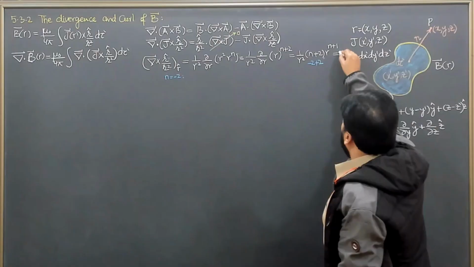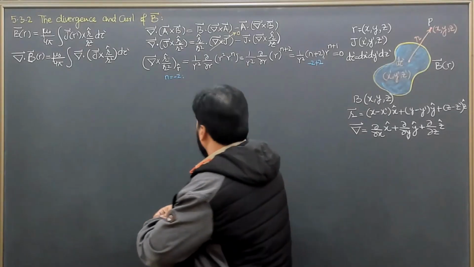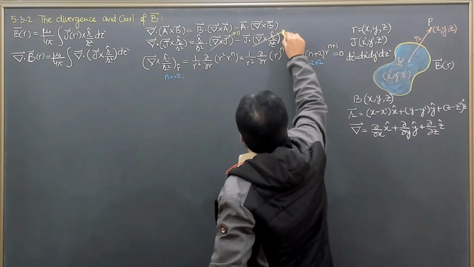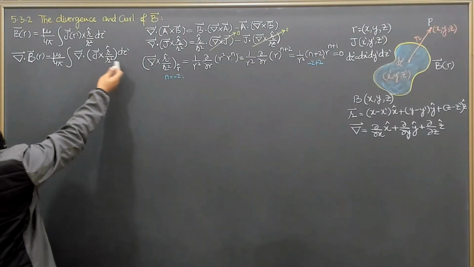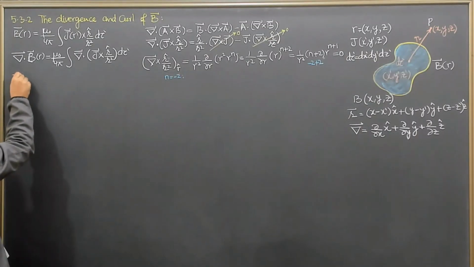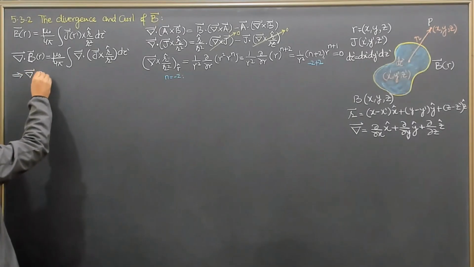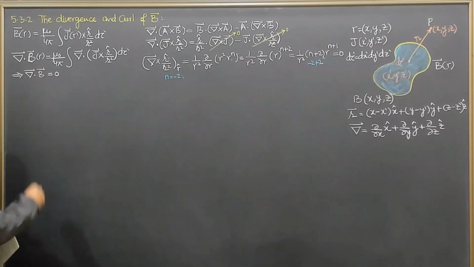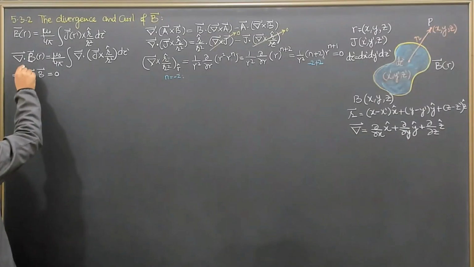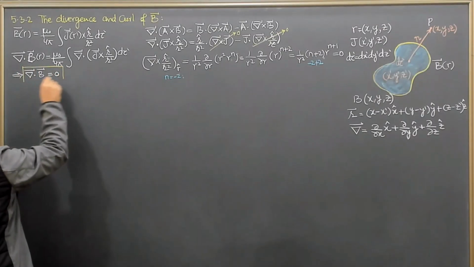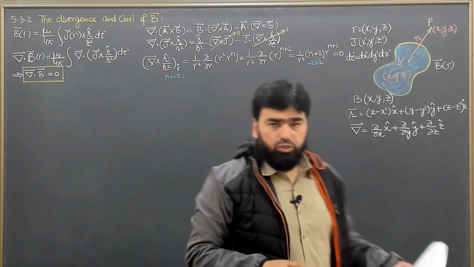This means that the del dot R over R squared here is also going to 0, and everything in the integral becomes 0. So we say that this implies that the divergence of B is equal to 0. We have written this in generalized coordinates, that del dot B is equal to 0.